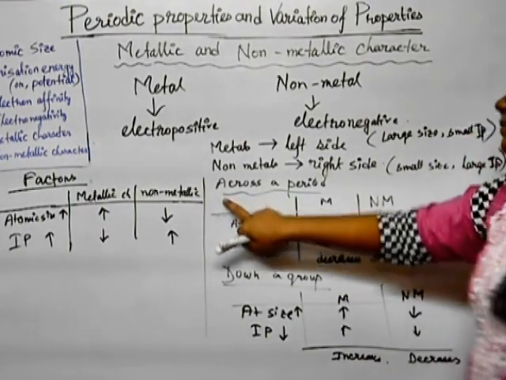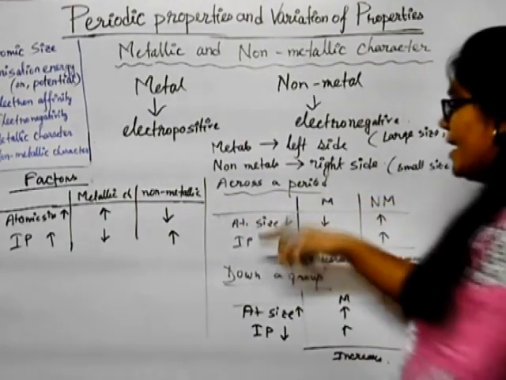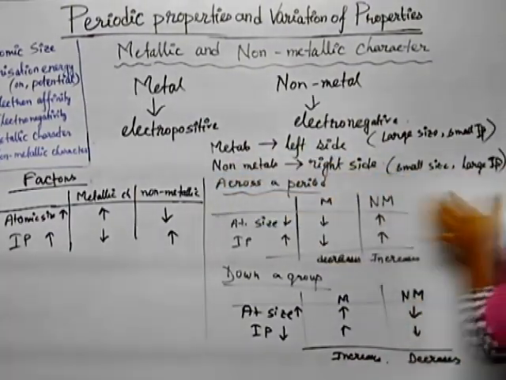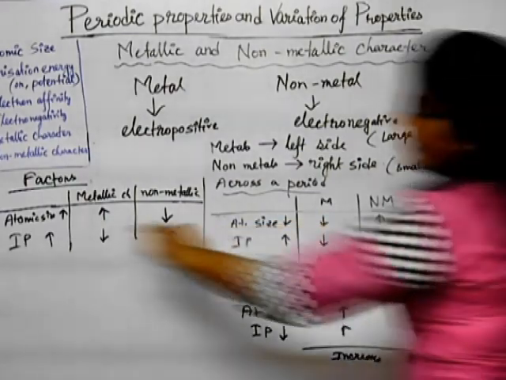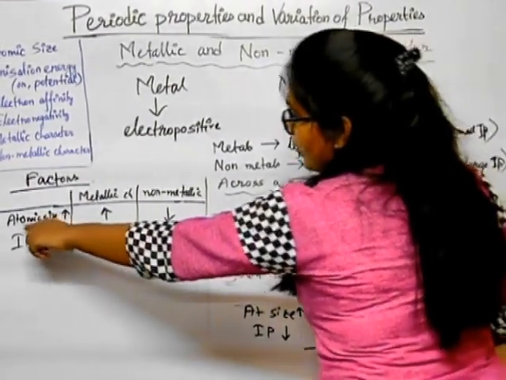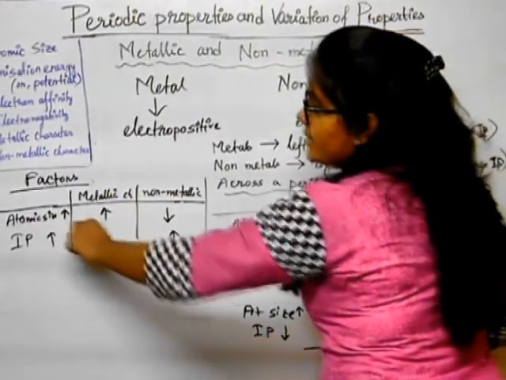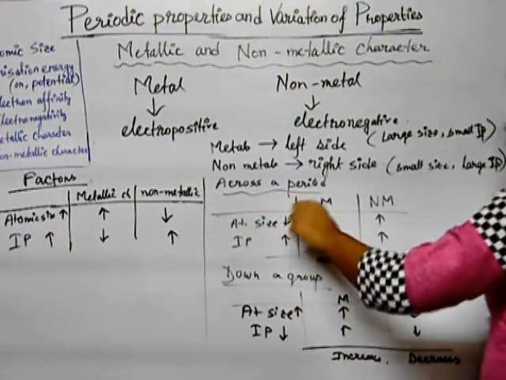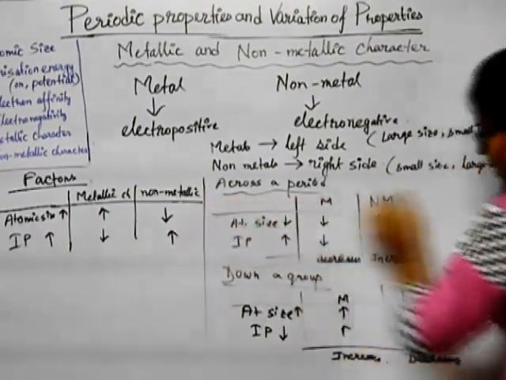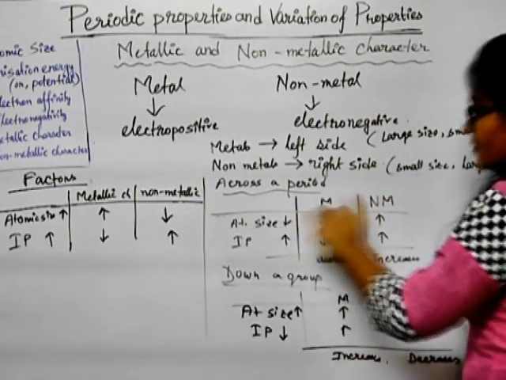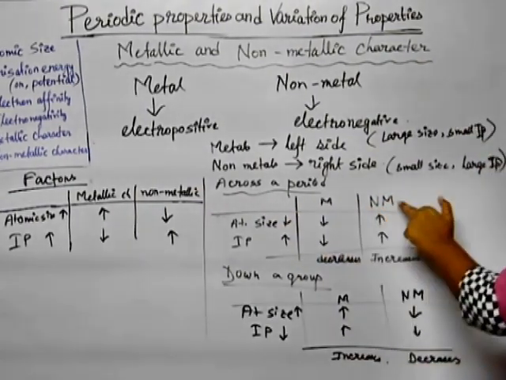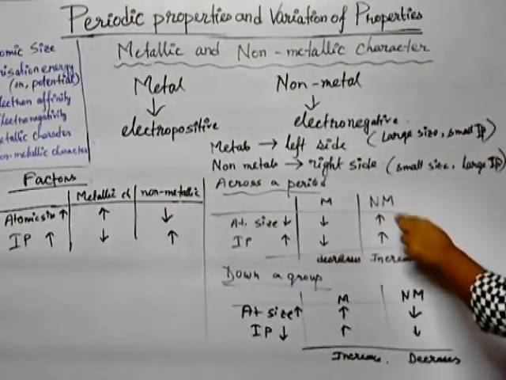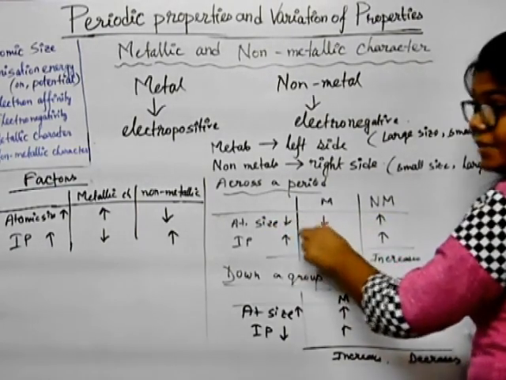Now come to the trends. Across a period, from left to right, atomic size is decreasing. Metallic character is directly proportional to atomic size, so if atomic size decreases across a period, metallic character is also decreasing. And non-metallic character is inversely proportional, so it is increasing if atomic size is decreasing from left to right.